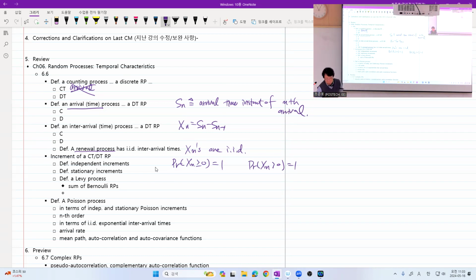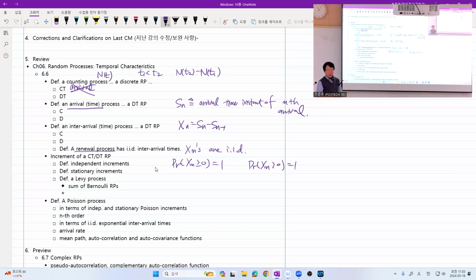Now let's go back to our counting process again. We may choose two time instants, T1 and T2, assuming T1 less than T2. Then on each interval, we may define a random variable that is the subtraction of N of T1 from N of T2.